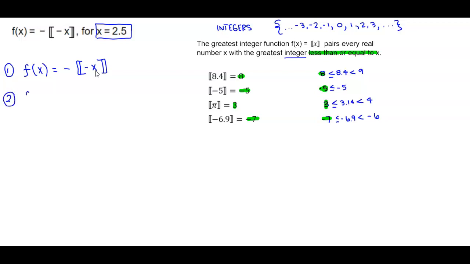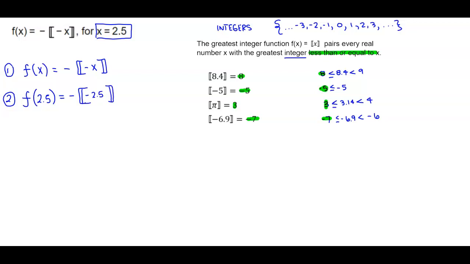So that means we have f of 2.5, and then we're going to plug it into this function. So we have a negative, the greatest integer function here. Let's go ahead and put that symbol in there. So we have negative, and then that's 2.5 that we're substituting in for x.